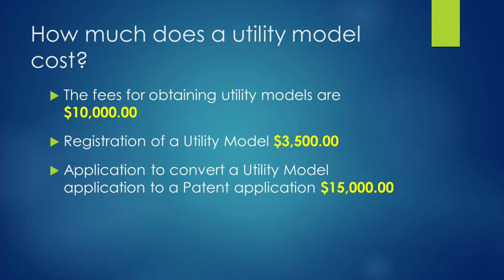And if you want to convert your application to a patent, it's $15,000. So it's good to know what you want before you come to JIPO, so that you don't have to go through the cost of converting. Now, unlike a patent, you don't have to pay a maintenance fee. Once you get the 10 years of protection, that's it, right?